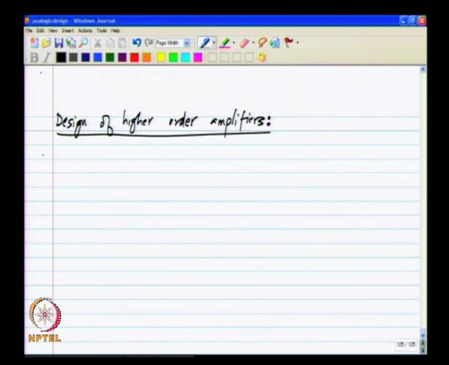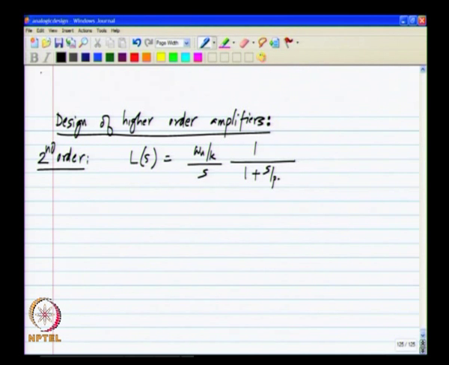Just as a quick summary, when we have a second order system, what we mean by this is that the loop gain is of the form of an integrator with a certain unity loop gain frequency and an extra pole at P2.